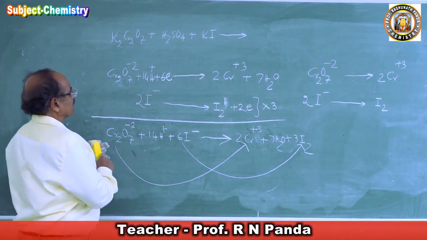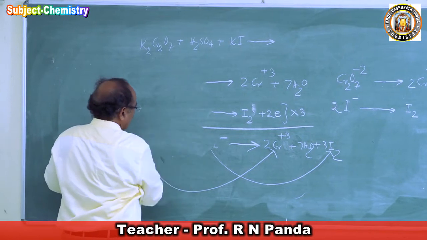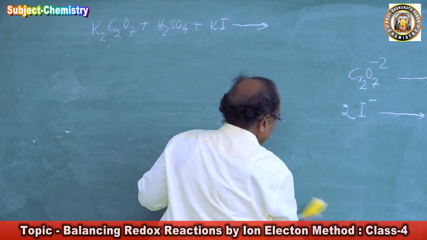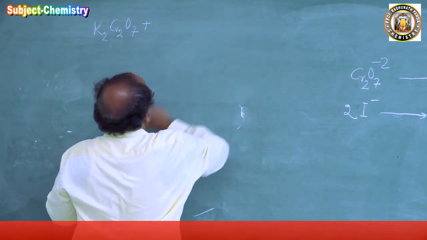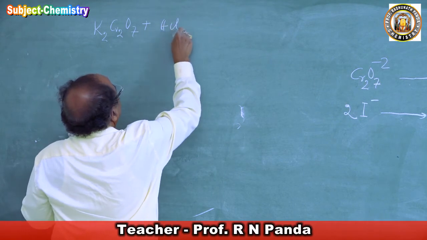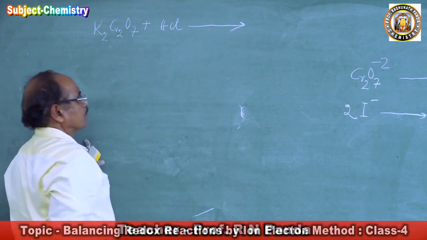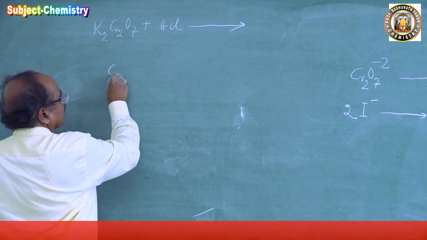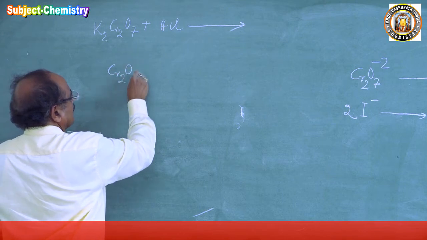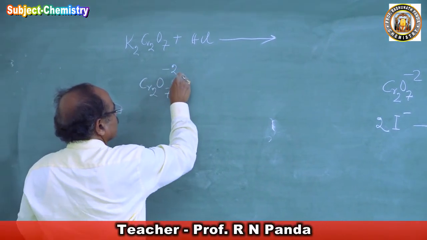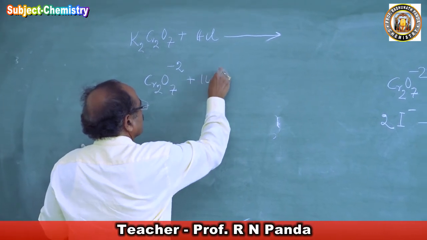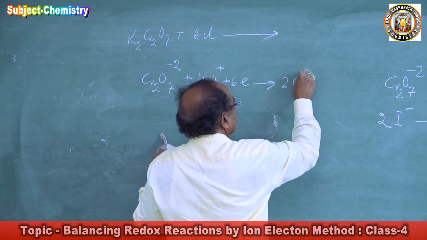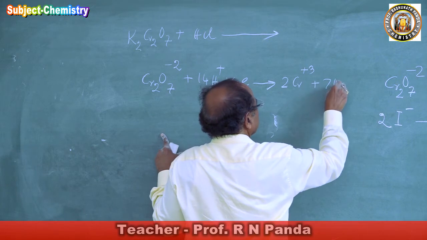Let's take another reaction of potassium dichromate with hydrochloric acid. Same thing. Here the ionic form of potassium dichromate is Cr2O7 minus 2 plus 14H plus plus 6e, which will give us 2Cr plus 3 plus 7 water.